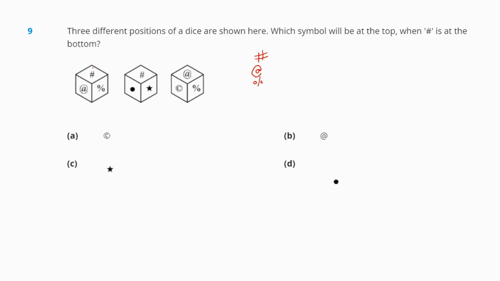So see, we have hash here, hash here. So opposite of these two will be either this or this. So this will be cut, this will be cut. What is remaining with us? Yes, C. Opposite of this will be this. We have percentage here, percentage here.